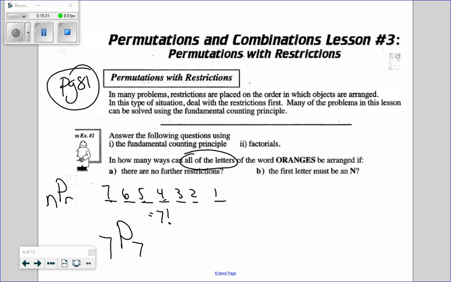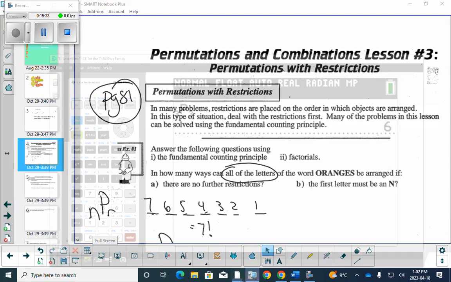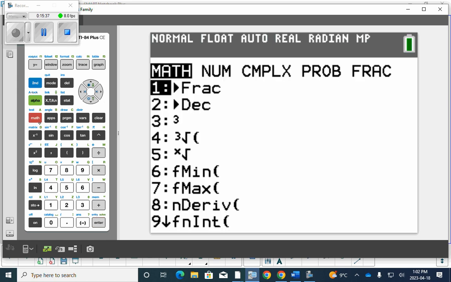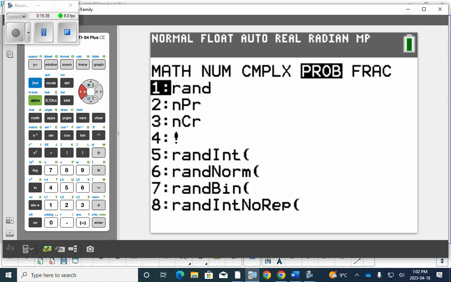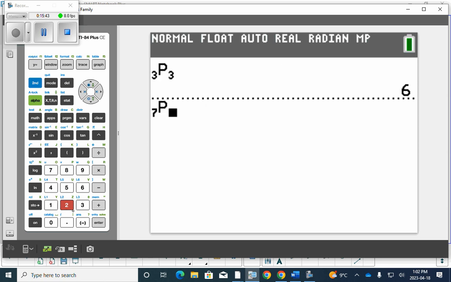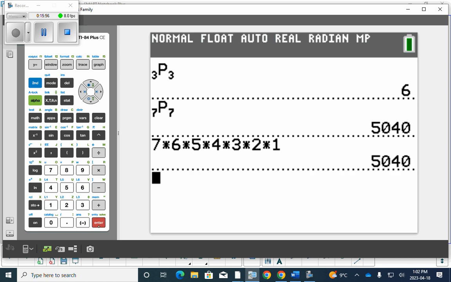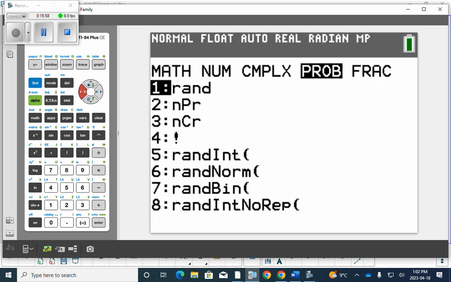So if you punch this in on your calculator, you hit the 7, you go to math, you go to probability, and you pick number 2, and then you just punch in the 7 again. That will give you the same answer as if you go 7 times 6 times 5 times 4 times 3 times 2 times 1, which is the same as factorial.